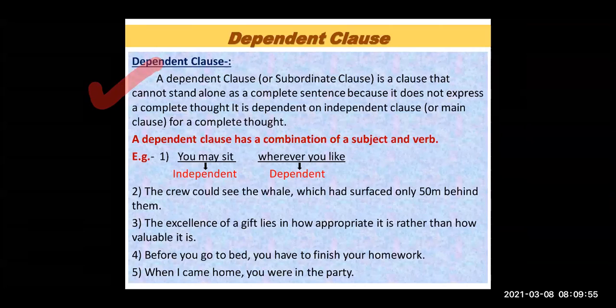Okay, so a dependent clause has a combination of a subject and verb. Let's see an example. "Now you may sit." This is an independent clause. And the second clause is "wherever you like." That is a dependent clause. If we write only "wherever you like," the sentence doesn't have any complete thought.